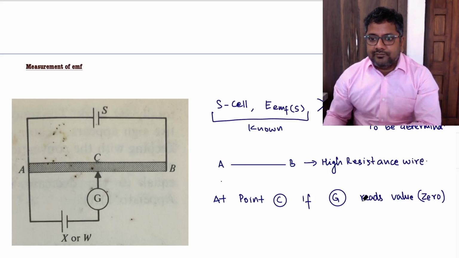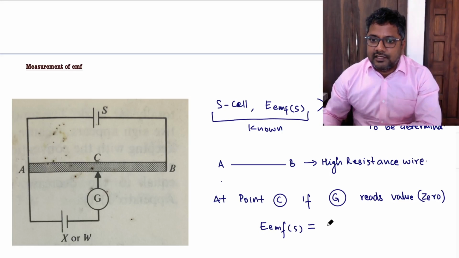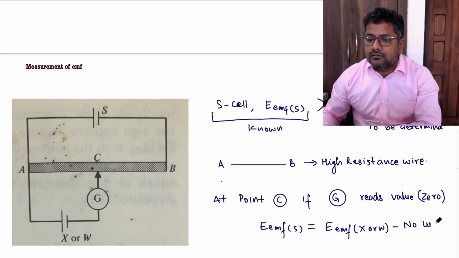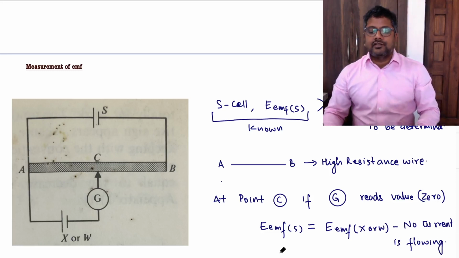So at point C, if G reads 0, you can say the EMF of S is exactly equal to the EMF of X or W, which means no current is flowing in the external circuit.